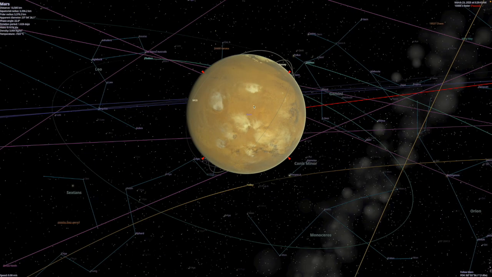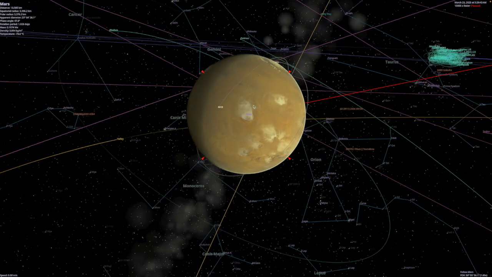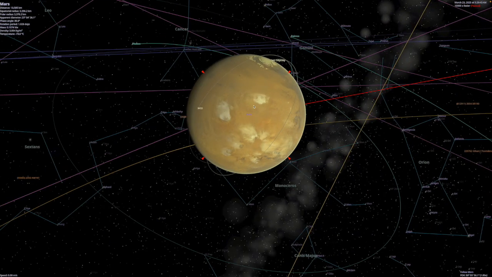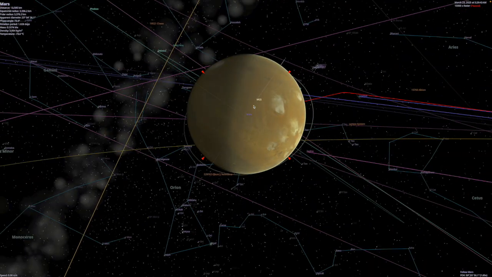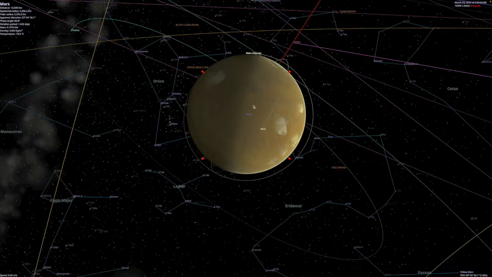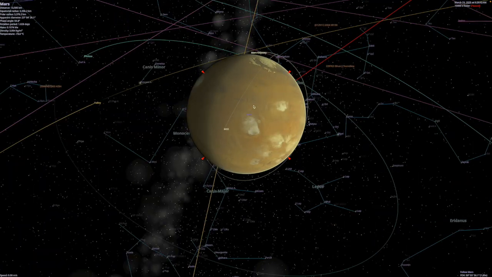And right here, that's Olympus Mons. Olympus Mons is the largest volcano, or actually the largest mountain in the solar system, which is really cool.